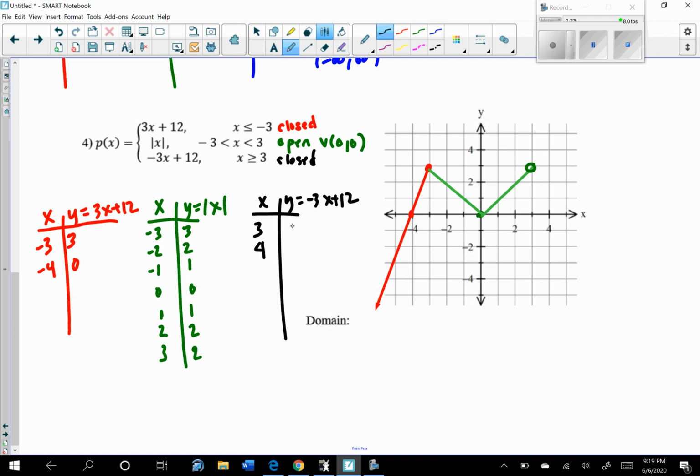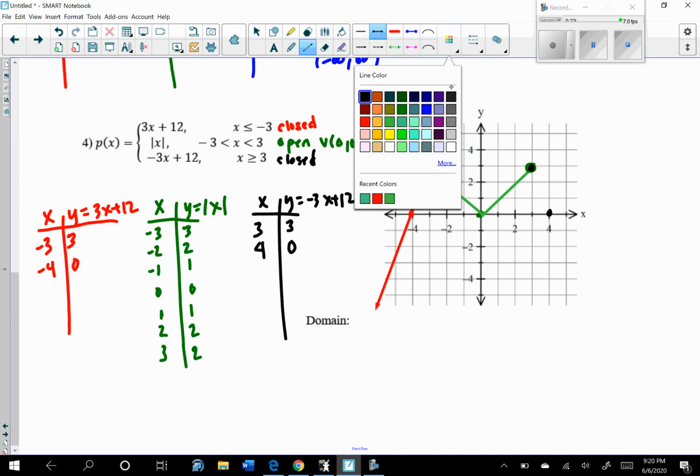Negative 3 times 3 gives me negative 9 plus 12, which is 3. Negative 3 times 4 is negative 12 plus 12, which is 0. So we have 3, 3, so that closed that open circle in, and then 4, 0, which would be right here, and then we can use our ruler to go ahead and graph.